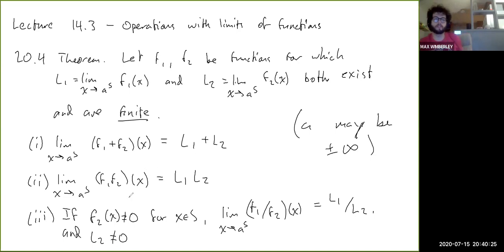So you can make all these little modifications to allow for certain cases where one of them might be infinite, but you have to be really careful. Those are left as exercises. Even if that's not on the homework, which I don't remember, it would definitely be good for you to think about the valid ways of letting one of these be infinity.